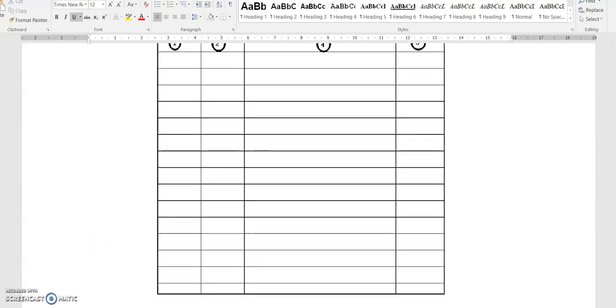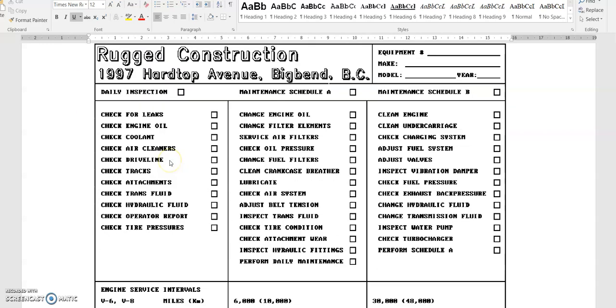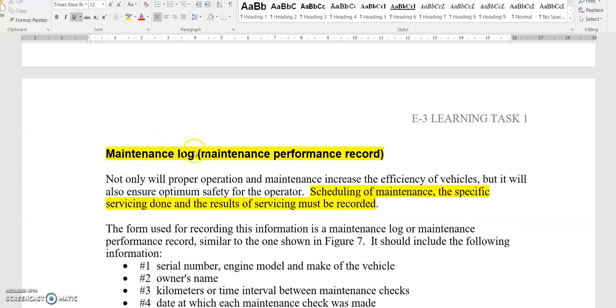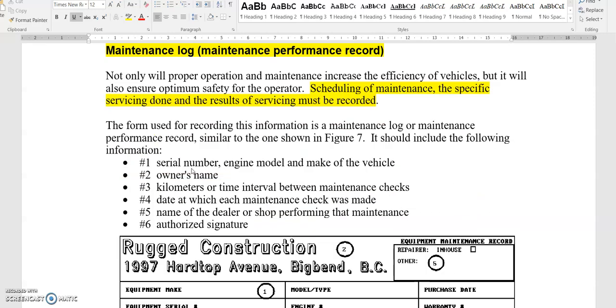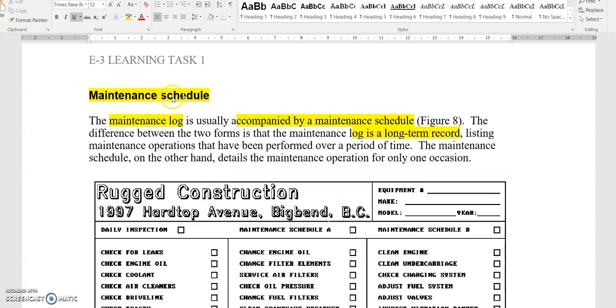Next one is the maintenance schedule. So I just jumped over one page a little bit, hopefully to make it more clear. So maintenance schedule will have all the points that need to be addressed, but maintenance log will have a log of that particular maintenance to be done. So maintenance schedule will be over a long-term period.